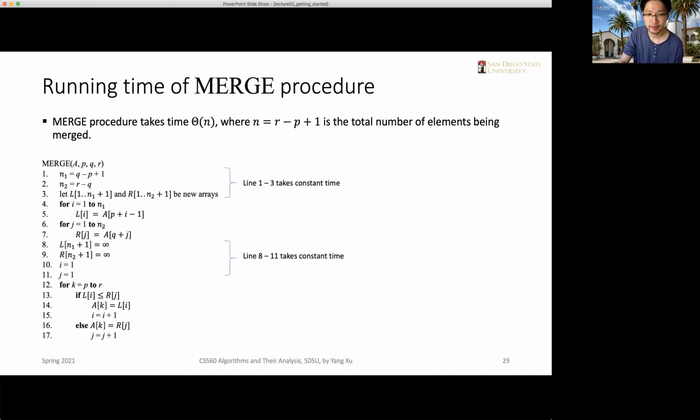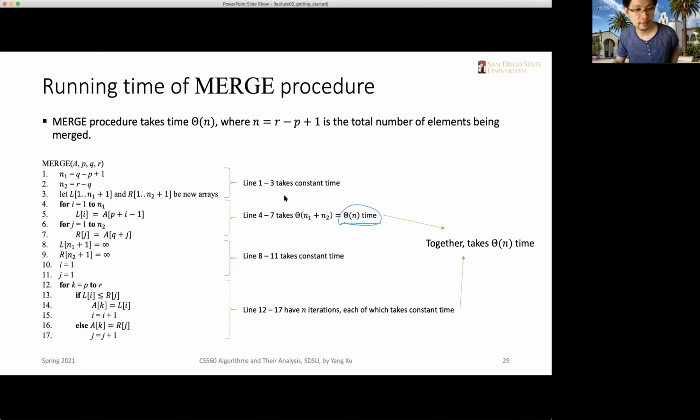Lines 8 to 11 also take constant time. And there are two for loops from line 4 to line 7, which take that much time because it's a linear structure. We just go through all elements once. And from line 12 to line 17, it's also linear.